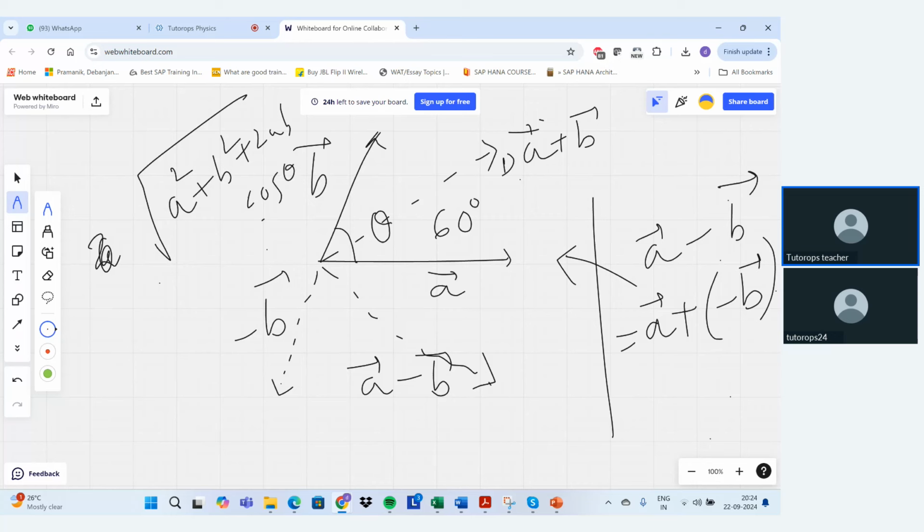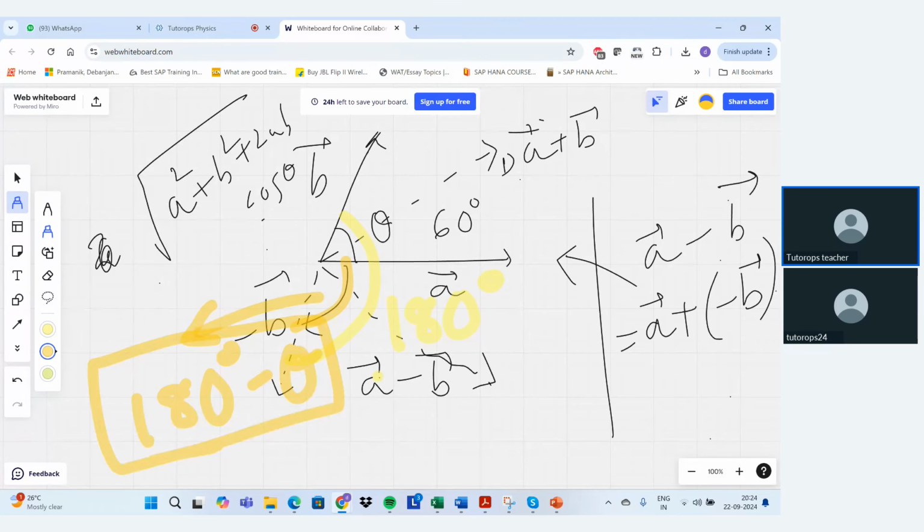This is my original theta. What would this angle be now, because right now we are doing minus? We know this overall is 180 degrees. So if this is my theta, what will this value be? This value will be 180 degrees minus theta.